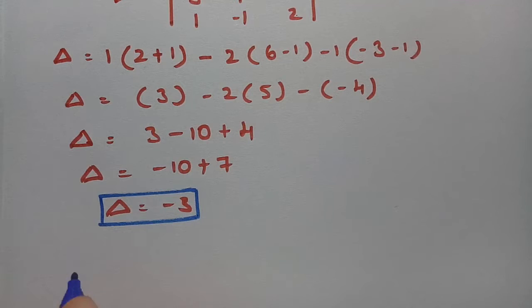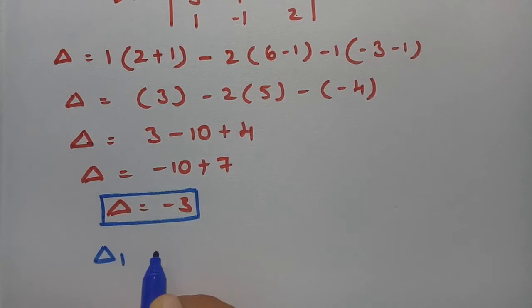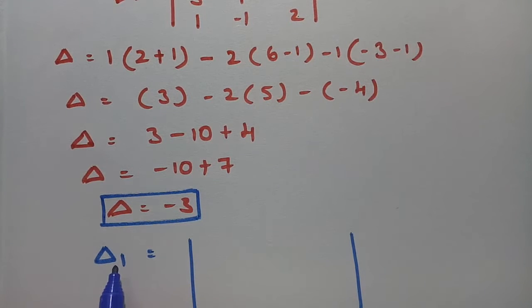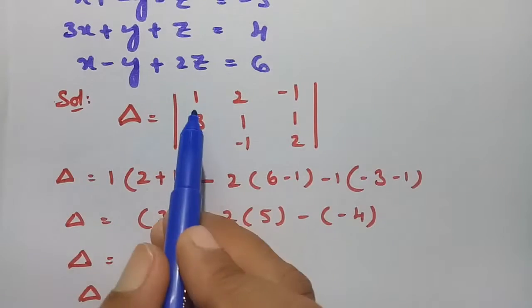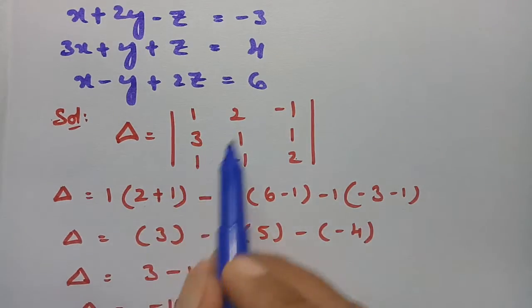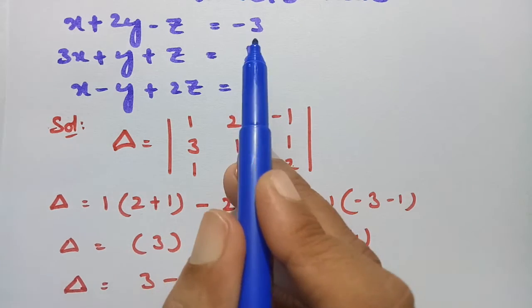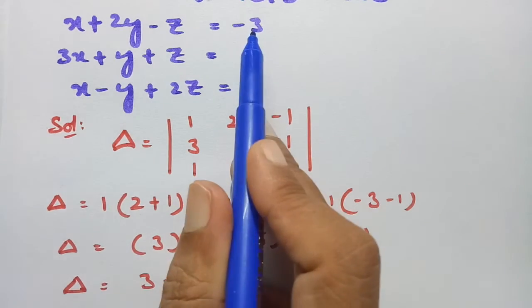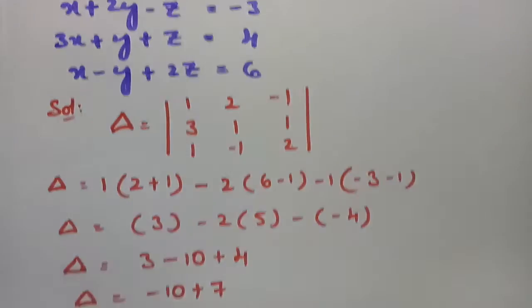The next one is delta 1. How do we find delta 1? We have to replace the first column in delta, which is the matrix A, with the constants on the right side of the given equation. Here the constants are minus 3, 4, 6.